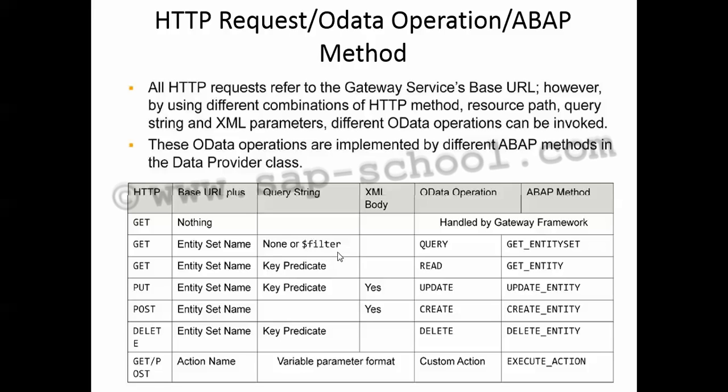Then the OData operation here is the query. We have seen these different OData operations in the OData session: query, read, update, delete, create. These are all the OData operations as per my HTTP method.